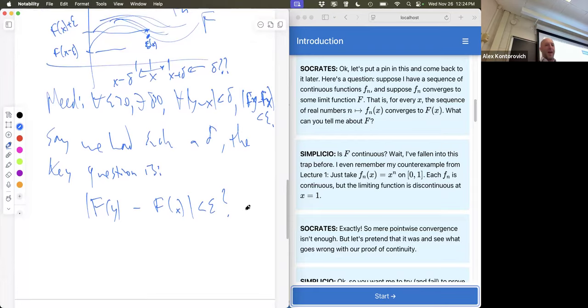So the F(x)'s are limits of fn's. So taking little n greater than some capital N large enough, we can make F(x) differ from fn(x) by less than epsilon over 3.